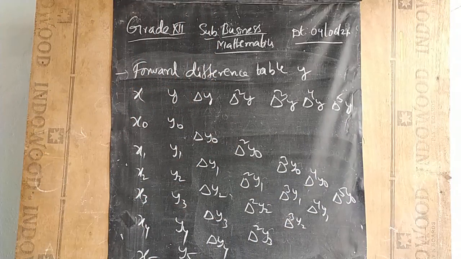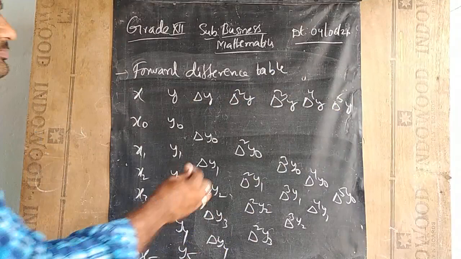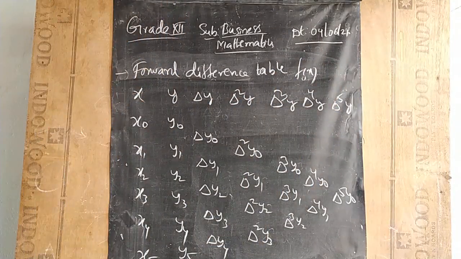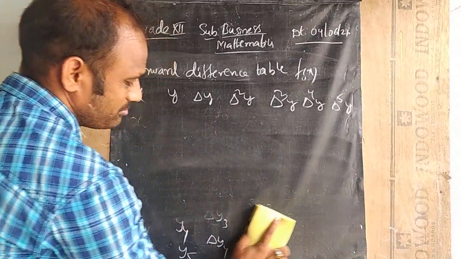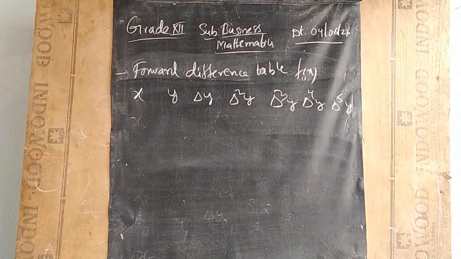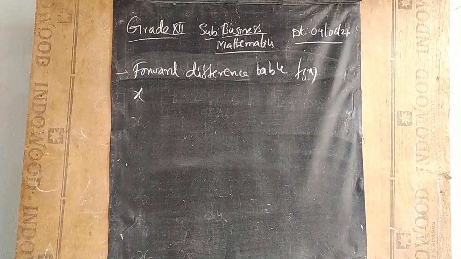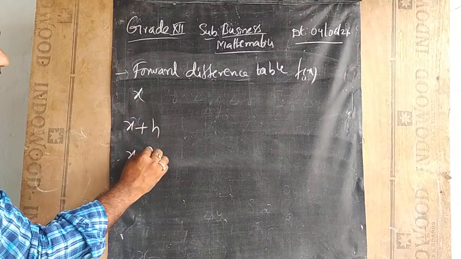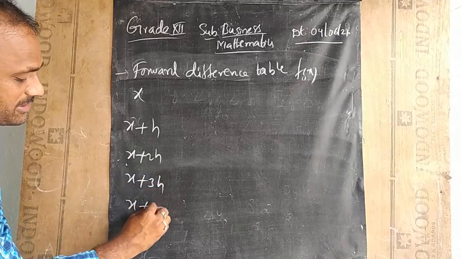Next, we will write the forward difference table for f of x. Here it will be x plus h, x plus 2h, x plus 3h, x plus 4h.